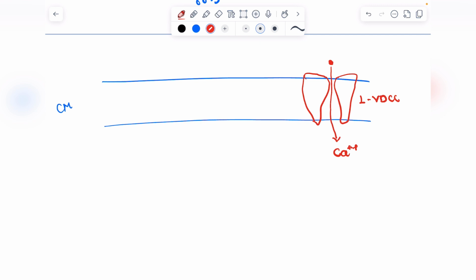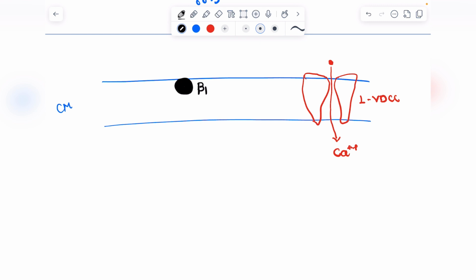Who stimulates these calcium channels, or increases their activity? That is beta 1 stimulation. Let's suppose this is your beta 1 receptor, a glycoprotein receptor situated in the cell membrane, and it is a G protein coupled receptor.